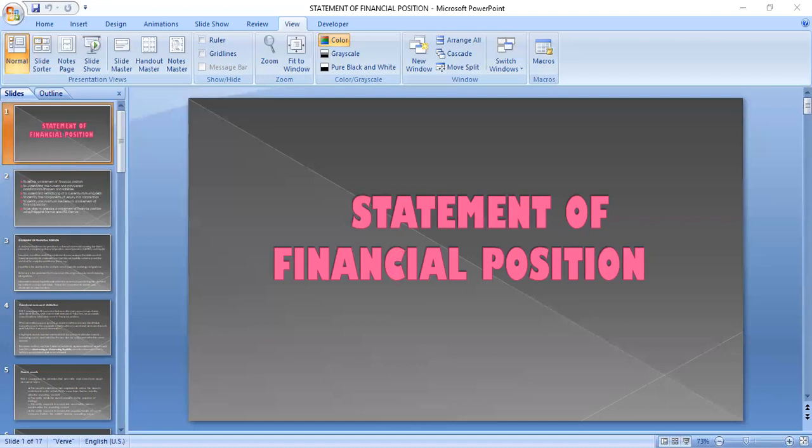As the title suggests, the presentation follows that of an account, meaning the assets are shown on the left side and the liabilities and equity on the right side of the statement of financial position. So it follows the sequence in a T account. Now that's the account form. Okay? Then we have the statement of financial position.